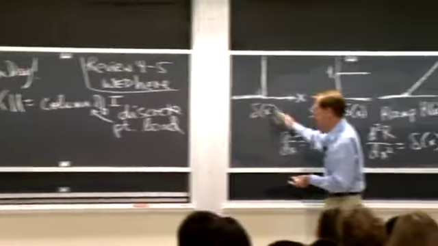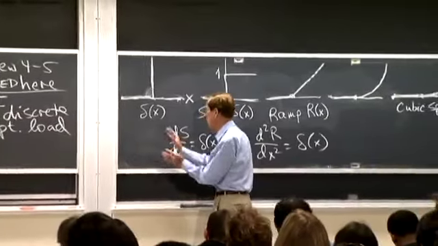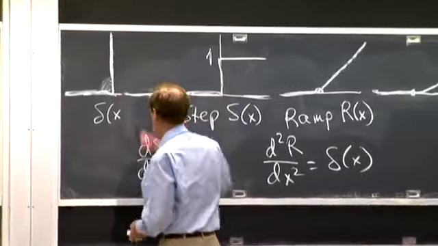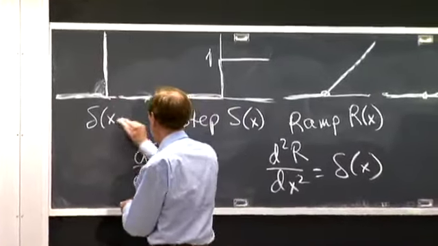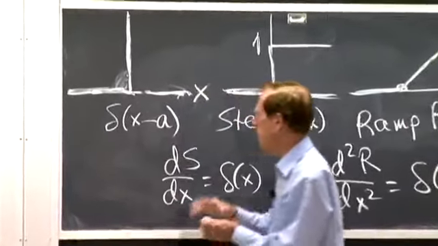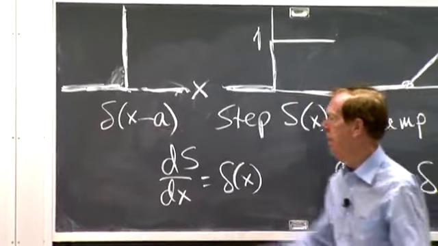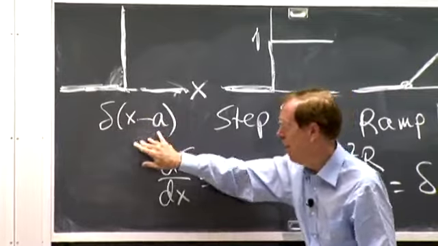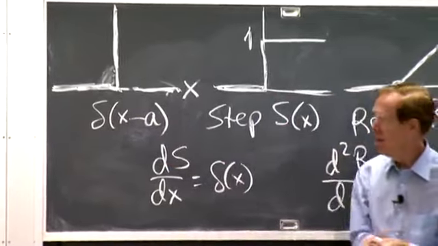Well, in this case and in all cases, it will just shift the graph. So if I drew a picture of delta of x minus a, the load now would happen when this is 0, because delta at 0 is the impulse.